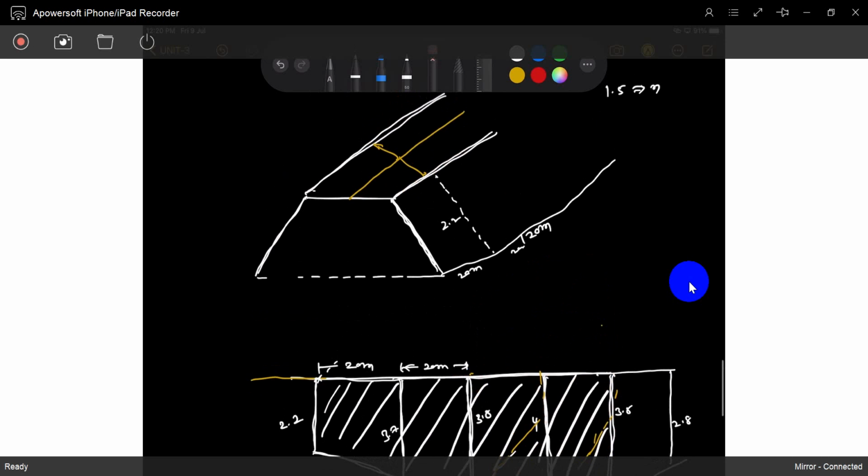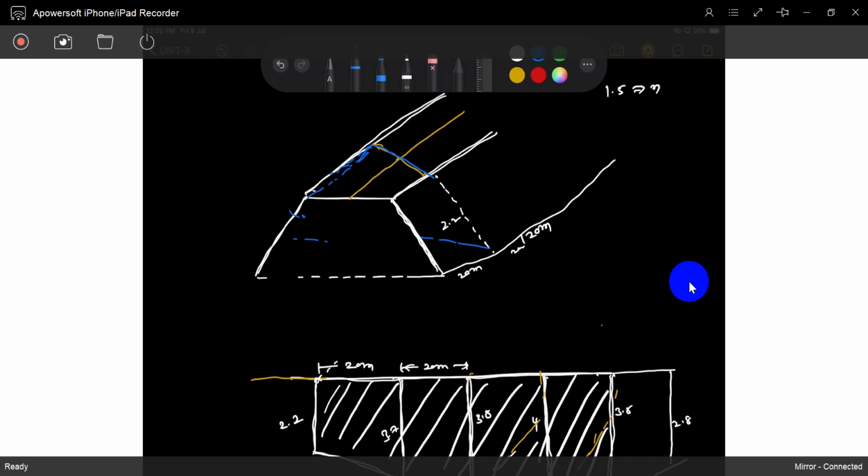This is the area, and this is the area of the second. I'm not good at sketching.